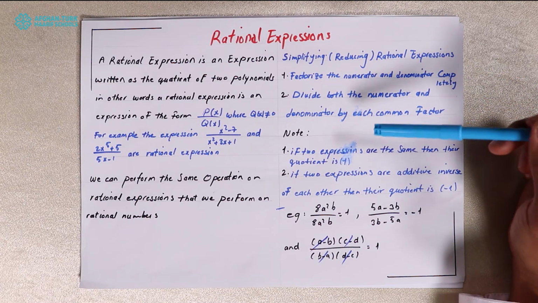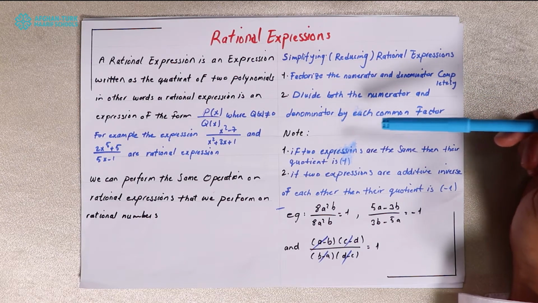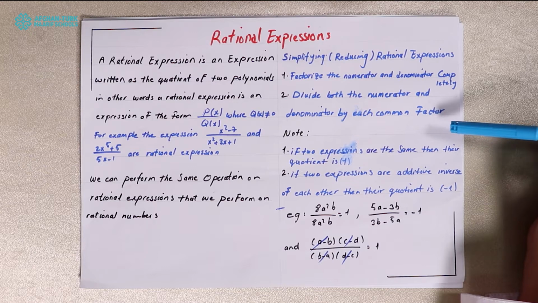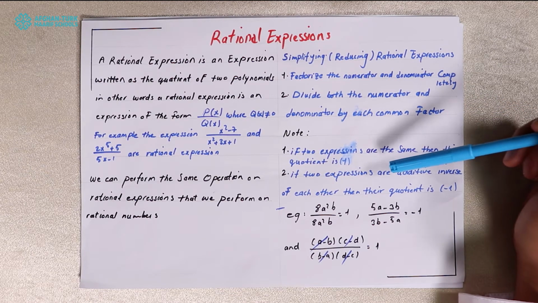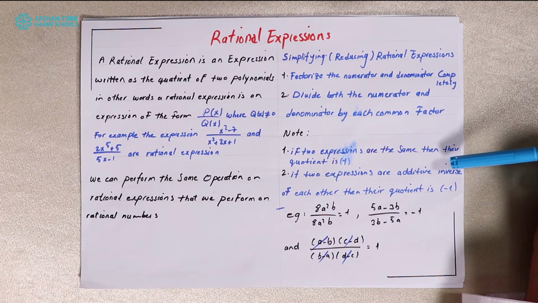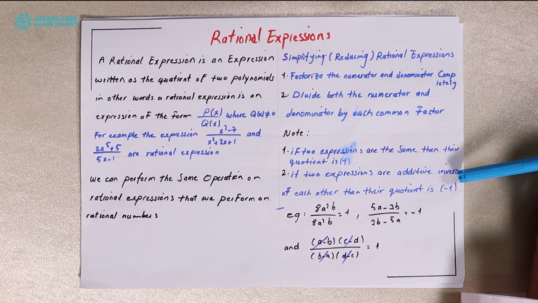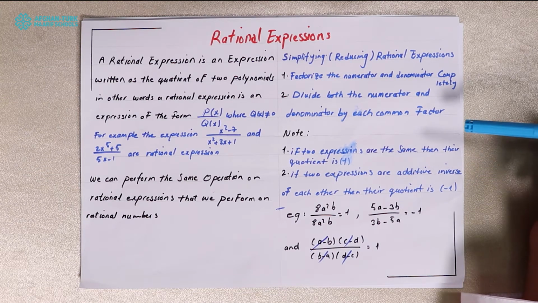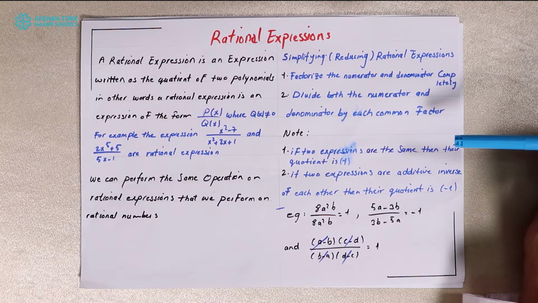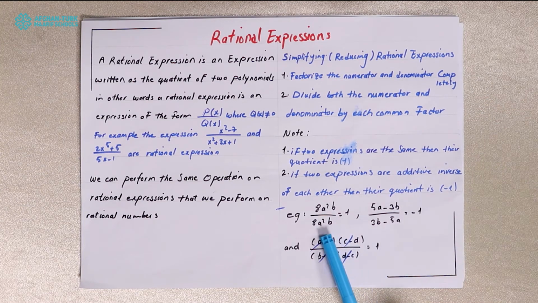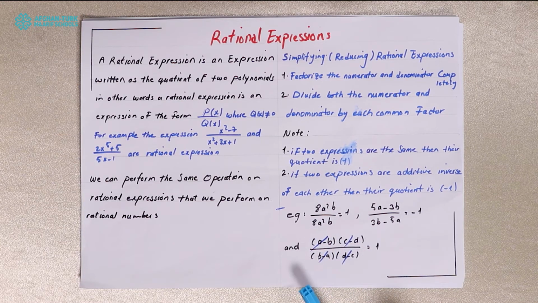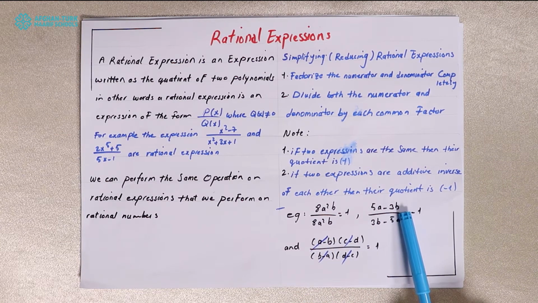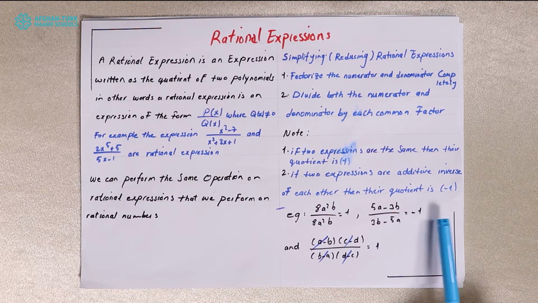Note, first of all, if two expressions are the same, then their quotient is 1. Second, if two expressions are additive inverses of each other, then their quotient is minus 1. For better understanding, let's pay attention to the examples. First example, 8a squared b over 8a squared b is equal to 1. 5a minus 3b over 3b minus 5a is equal to minus 1.